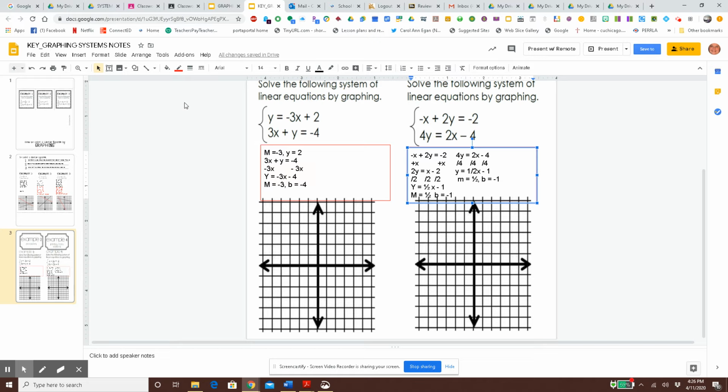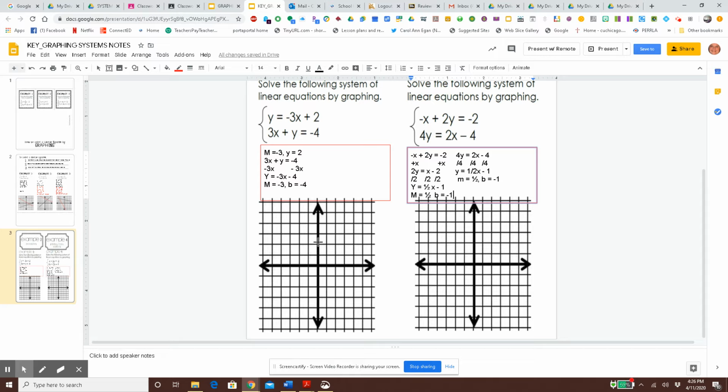Well, 2 and -3, I'm going to grab a line here. I'm starting at +2, 1, 2. And since my slope is -3, that means I'm going to go down 3 and over a +1, down 3 and over a +1, right?